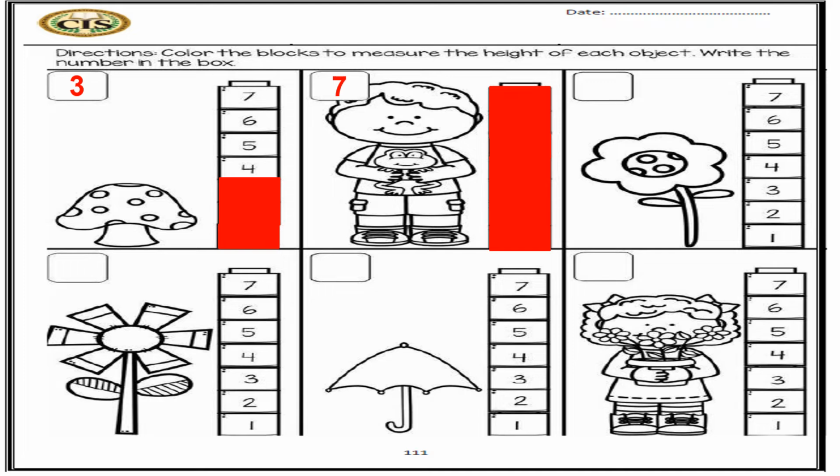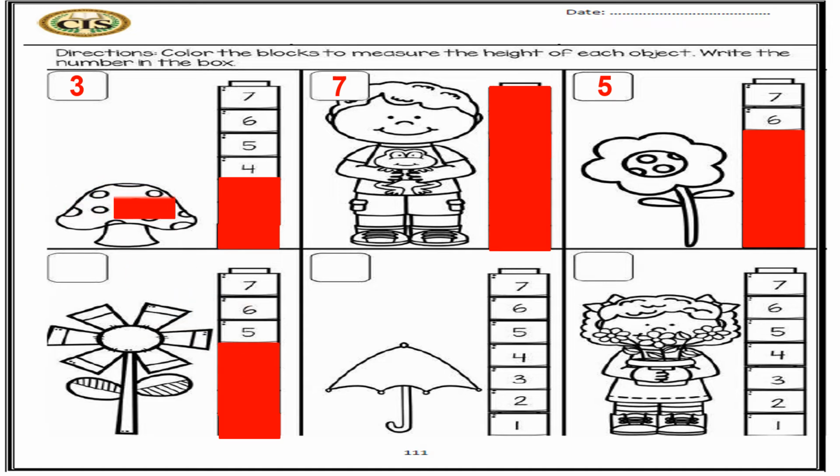Object number 3, 1, 2, 3, 4, 5. Its height is 5 blocks. Object number 4, 1, 2, 3, 4, 5, 6. So its height is 6 blocks.